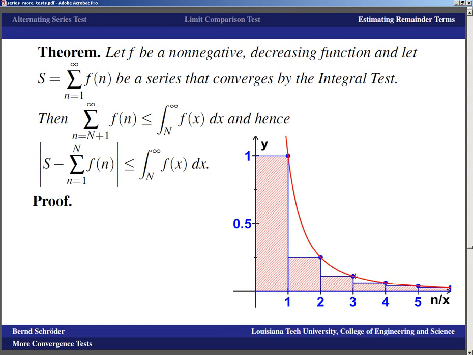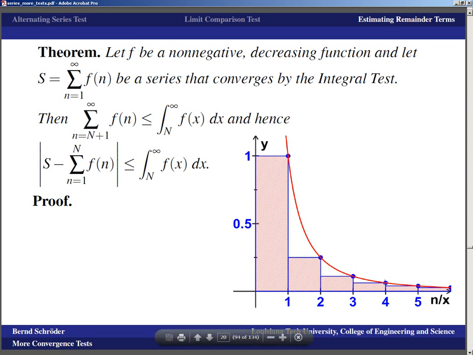And so if I take the difference between the total and, say, the sum up to 3, that would mean that I take the first 3 terms away, and I have the terms starting at 4, 5, and so on, which is the sum from n plus 1 to infinity of f of n.